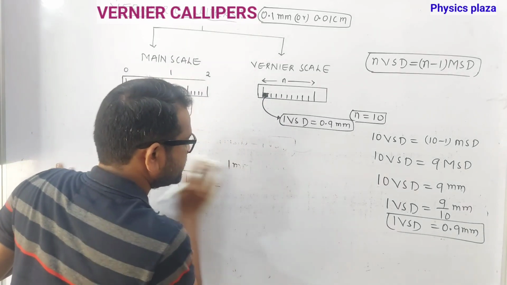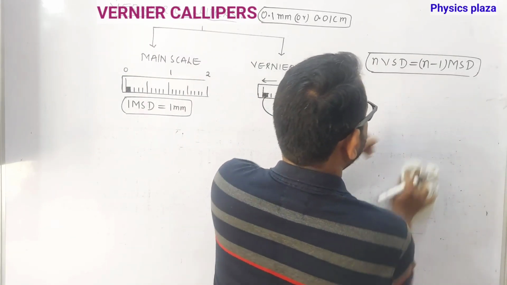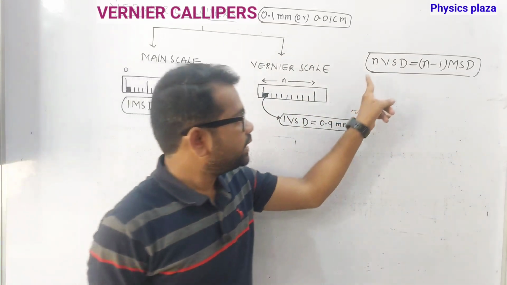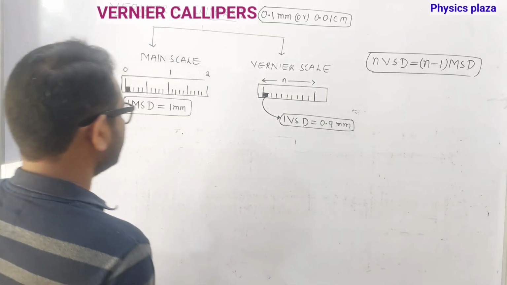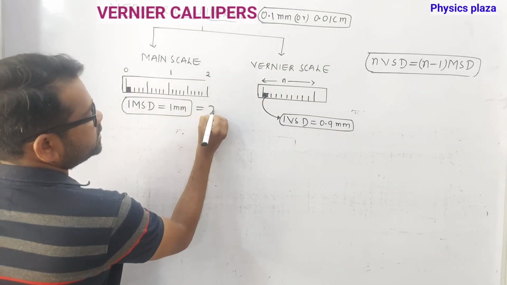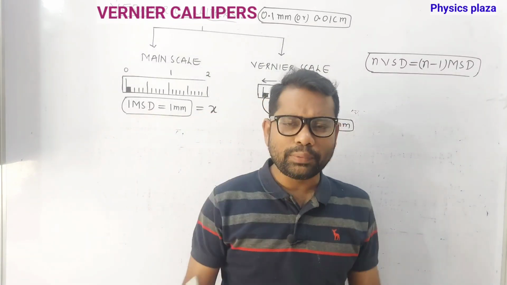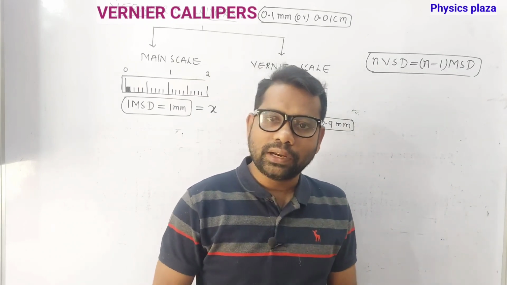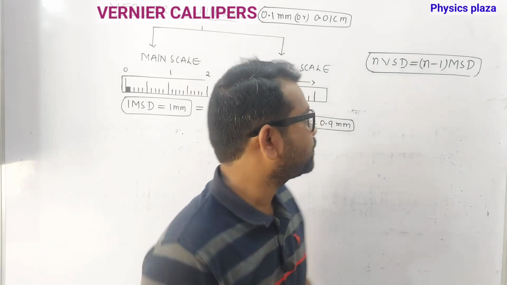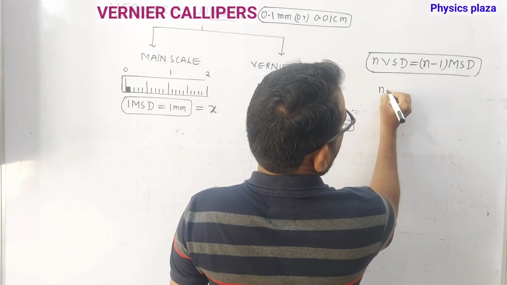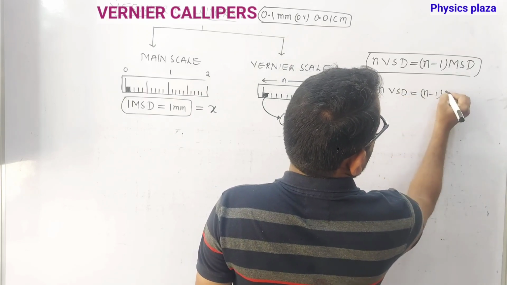Now, children, let me discuss in general. Look here. This is what I said: N Vernier scale divisions is equal to n minus 1 main scale divisions. Suppose one main scale division we assume as x. Of course, we know that it is 1 mm only, but for our convenience, for some time, let us say 1 MSD is equal to x. Then N VSD is equal to n minus 1 into x.